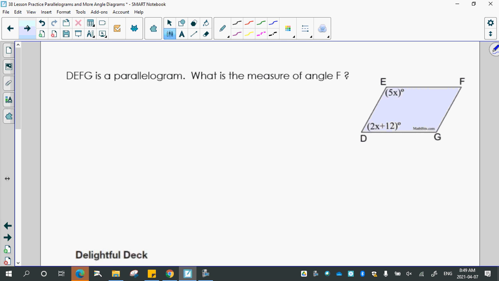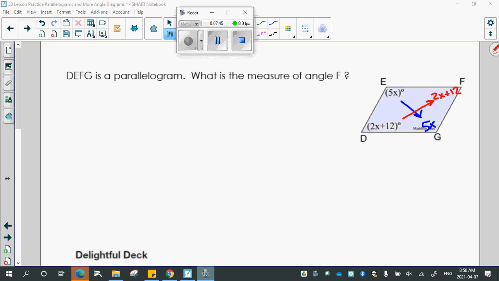Couple ways I see it. Well, you can put the measurements on each of the sides, like G would also be 5x. So you're using the fact that it's a parallelogram to say that that's 5x, and this is 2x plus 12. You could put it into an equation. Yes, and we know that it's 4 sides, so they all add up to 360. Exactly. That's what I would do.